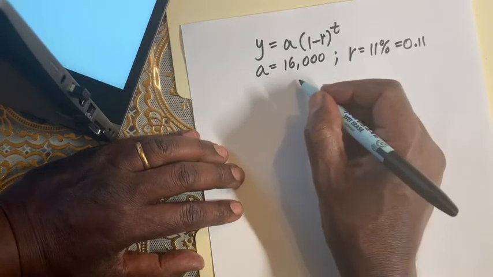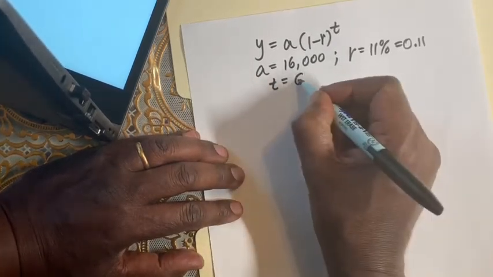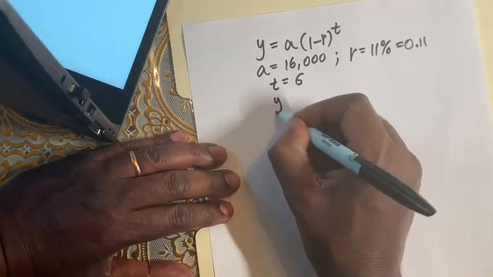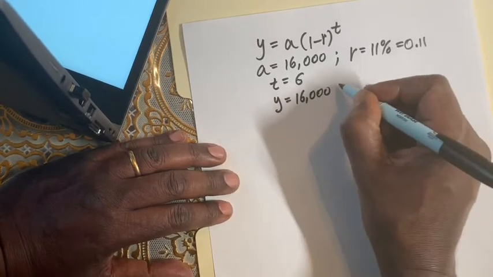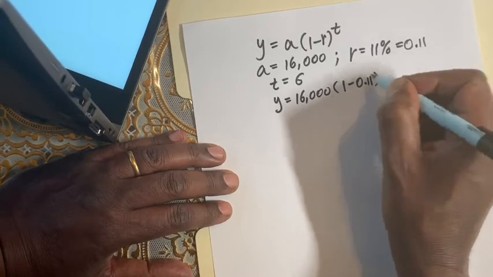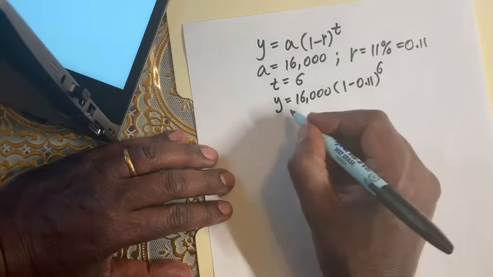So the time is given as 6 years after it was bought. So we are just plugging in these values: 16,000 into 1 minus 0.11 to the power of t, where t is 6. This is what we are going to figure out.